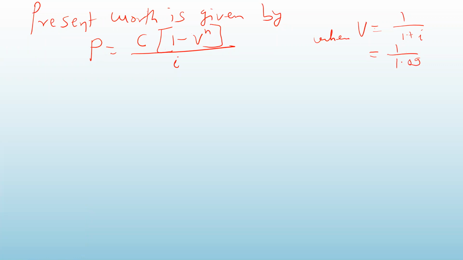Calculate that: 1 divided by 1.09 gives you 0.9174311927. Let us put everything in the formula.